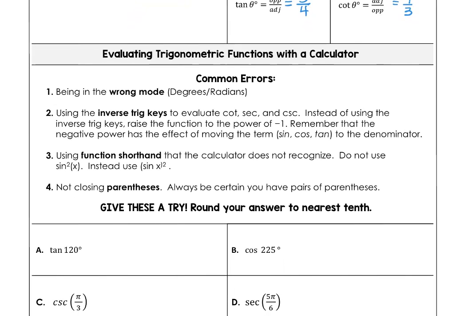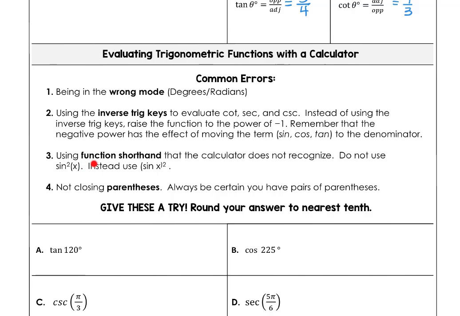Some of the common errors that you make if you're using a calculator is that you might be in the wrong mode, or that you might use the inverse trig keys to evaluate cotangent. Instead, you raise the function to the power -1. So you want to make sure, if you have cotangent, there's no inverse trig key, and cotangent doesn't mean tangent to the -1 power.